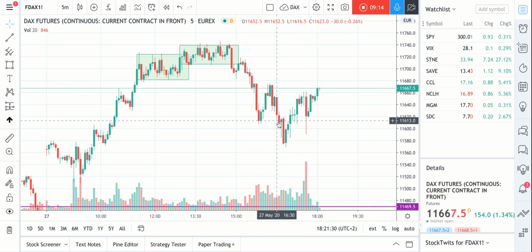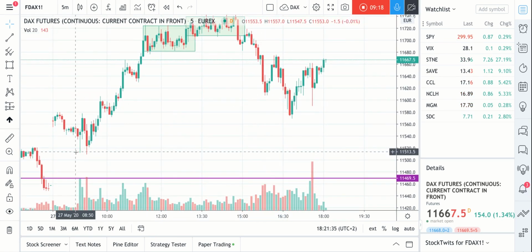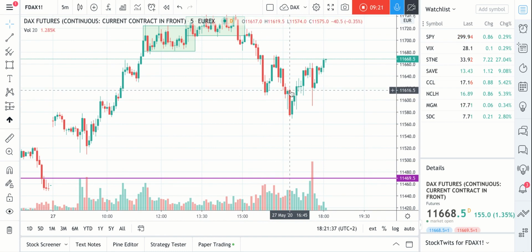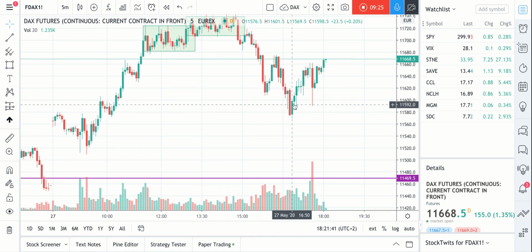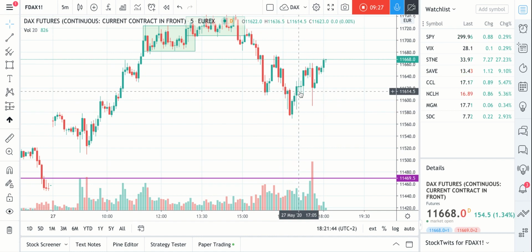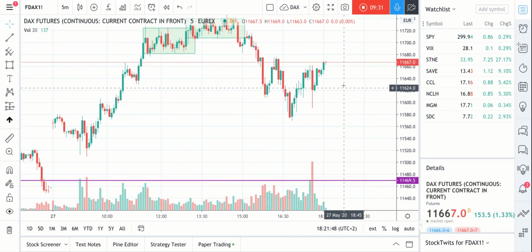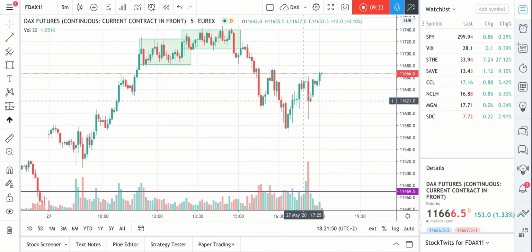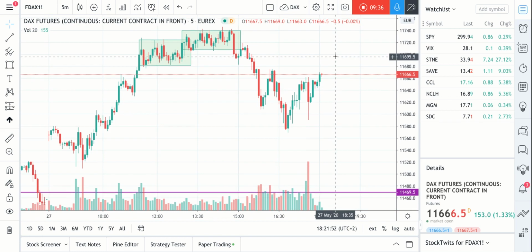So this would be a very nice long signal for me. And again, just like in the morning, if I would have gone long here, I would have been stopped around here, and I would have had to reopen the position, re-enter the market around here. So by this time, I would be at like a 1 to 1 profit target.